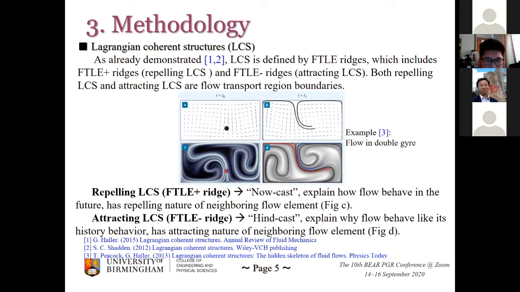Because attracting LCS has an attracting nature for neighboring flow elements, the flow elements near the attracting LCS will, after a period of time, finally take a shape similar to the attracting LCS. So that's the reason why the ink finally looks like this shape. So this is LCS.